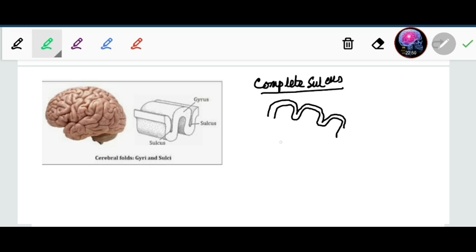Now within the substance there is a cavity which is known as ventricle. Now some of the sulci are so deep that they indent the wall of the ventricles. So let's draw such a sulcus. Suppose there is one such sulcus which is very deep.